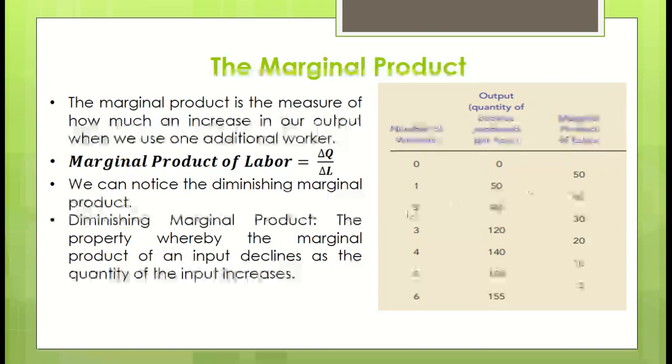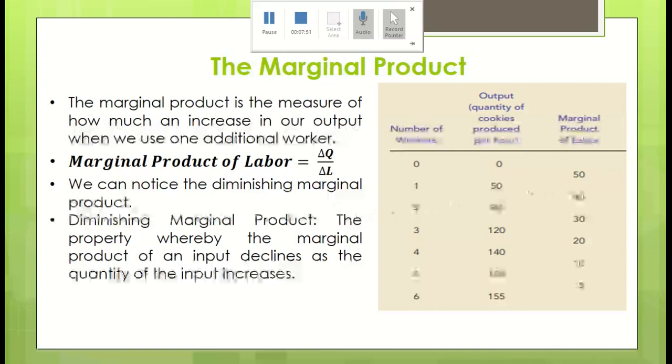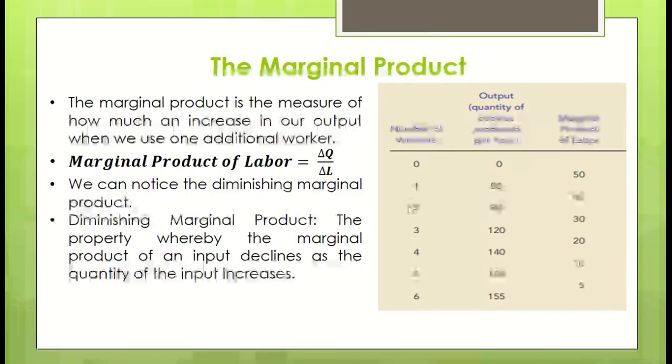Again, if the labor input increases from 1 to 2, the change in output is 90 minus 50, that means 40.